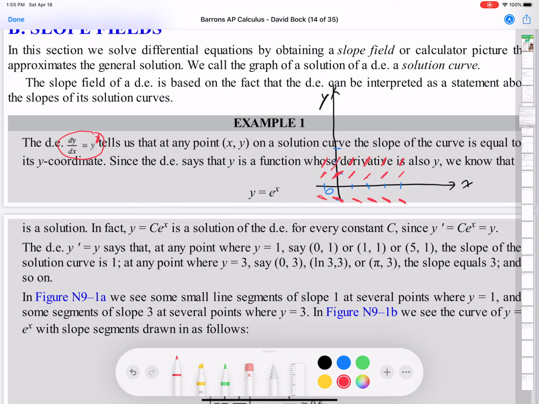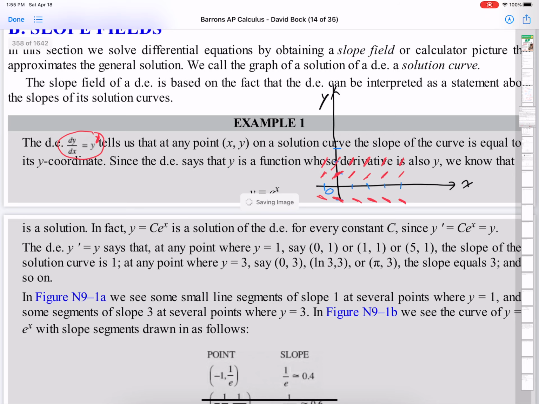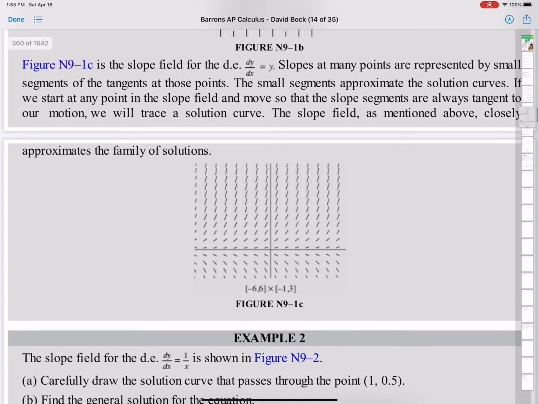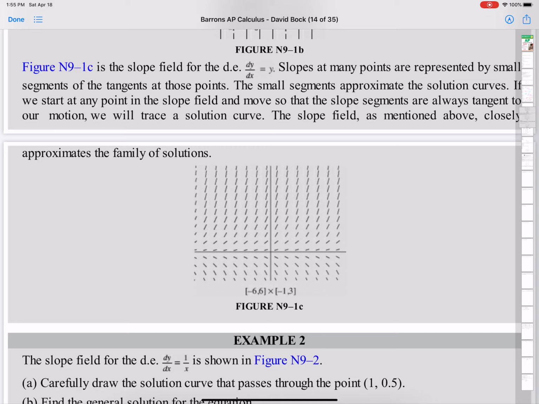If we keep drawing these many tiny lines, I'm going to show you the result. If we draw all of them, this is the graph, right?